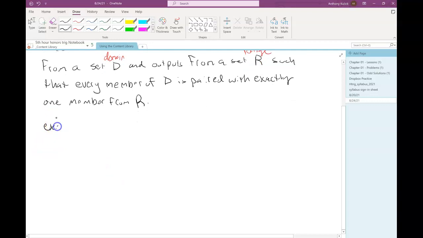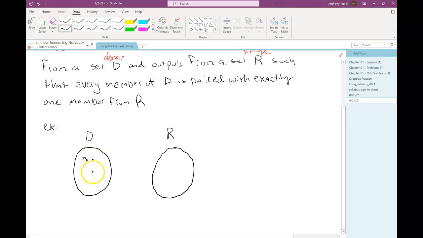So the first representation we'll talk about are mapping diagrams. In the mapping diagram, we draw two circles, one to represent the set D and one to represent the set R. And then we'll put points inside of each of the circles to represent the members of those sets.